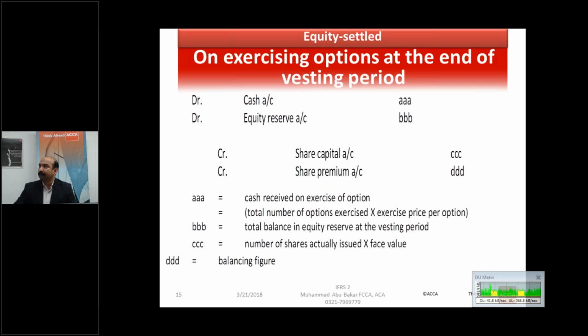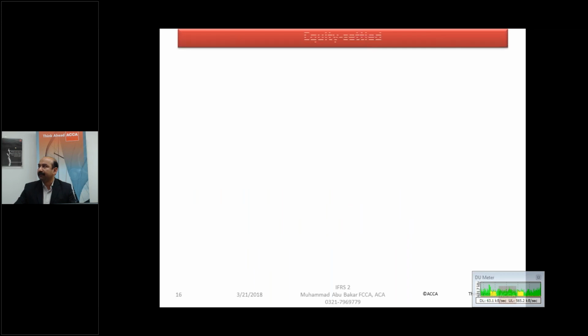That will remain there. No adjustment will be made to that, except, as I explained earlier, you can transfer this equity reserve to another component of the equity. Rashid, I hope it should be clear.